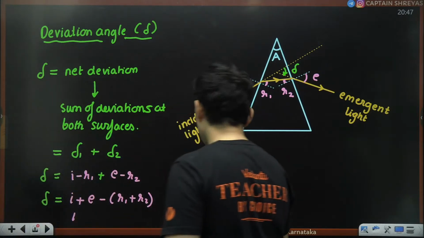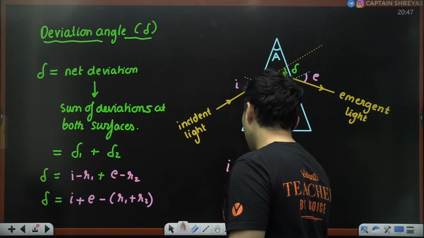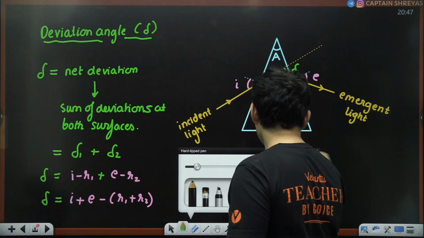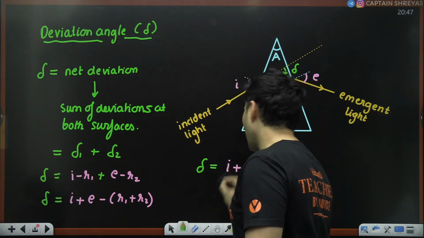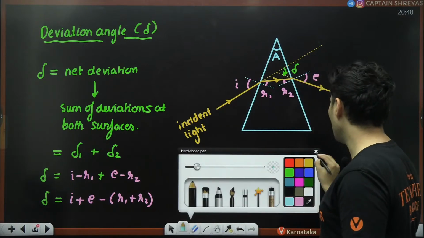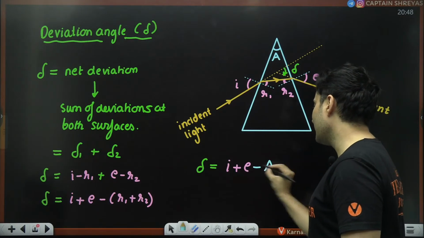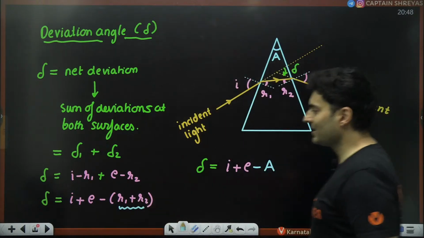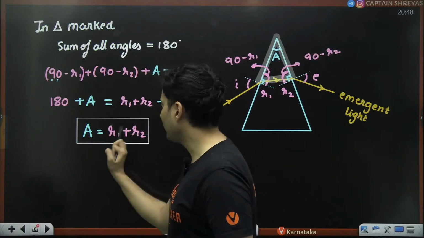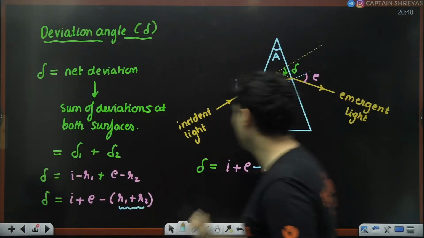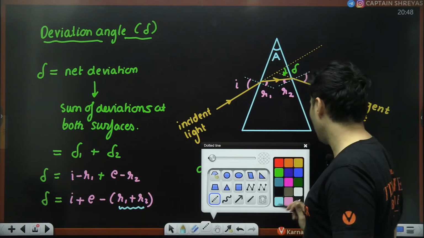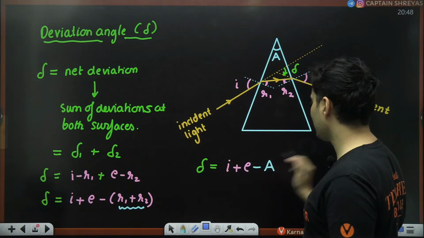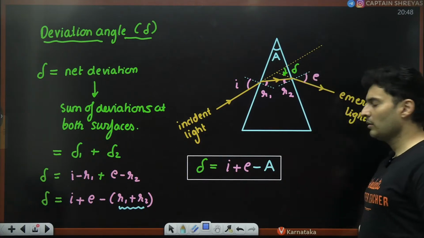That is your delta. And what is R1 plus R2? It is nothing but A, the angle of prism, which I had proved over here. So hence you will see this is your deviation formula: delta equals I plus E minus A.